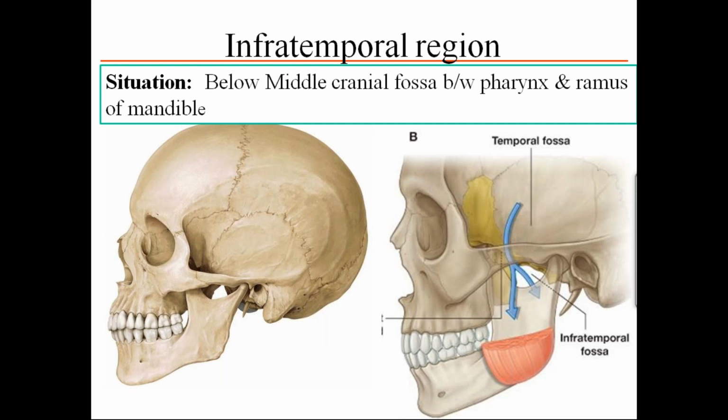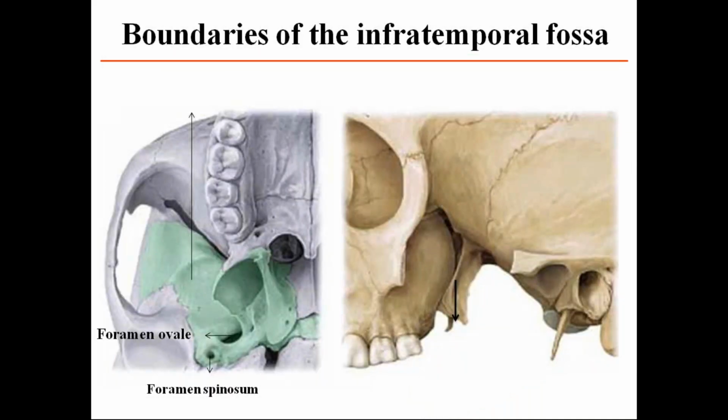Okay. If you see the boundaries of the infratemporal region, this is the inferior view of the skull. So you can see the boundaries here. This part is the infratemporal surface of the greater wing of sphenoid, and this is the crest.